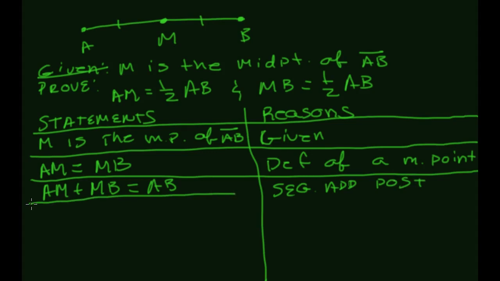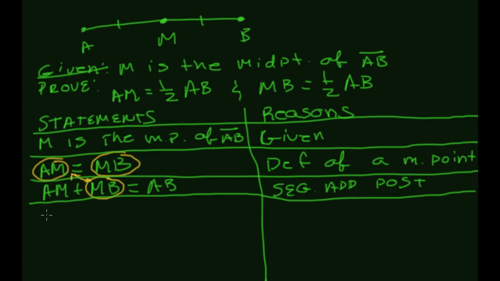Okay, so let's see where this goes. If you look, I have an MB here. I have an MB here. I'm told that MB is equal to AM. So I can swap out this MB and put in that AM.